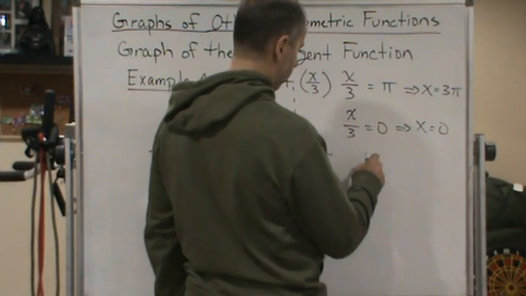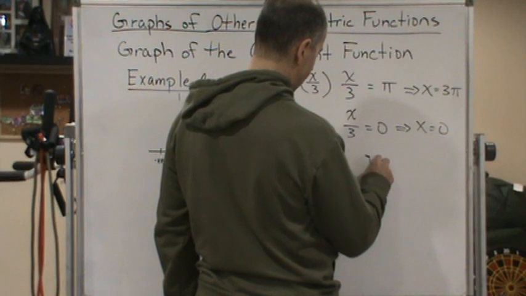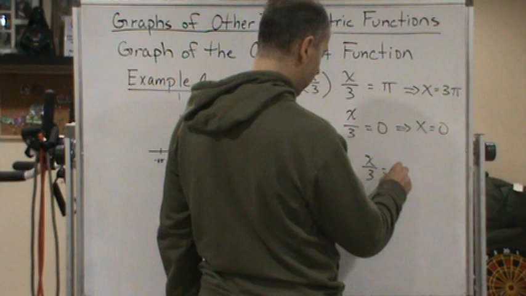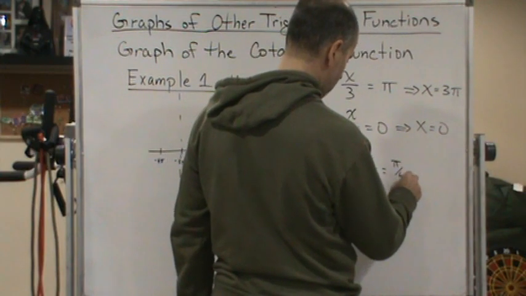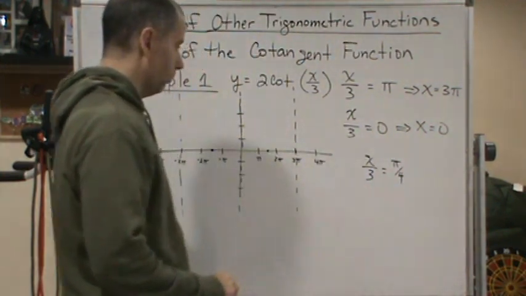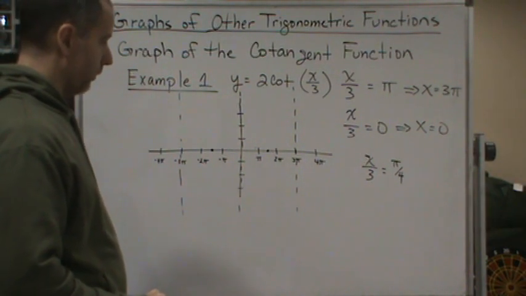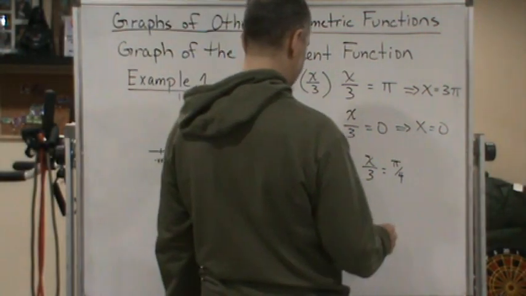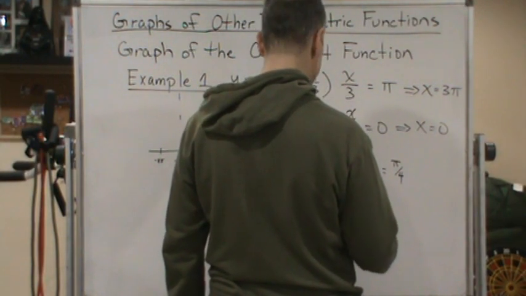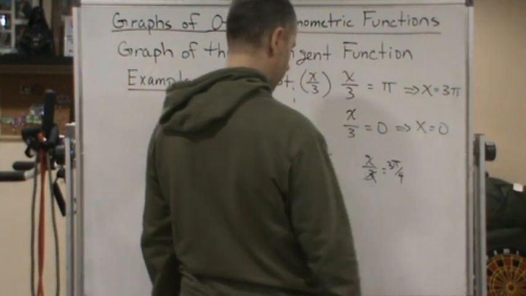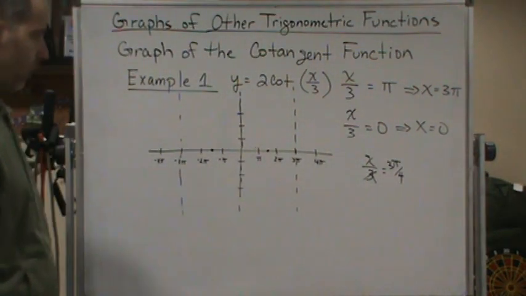Well, if x over 3 is equal to pi over 4, then x would be equal to 3 pi over 4.